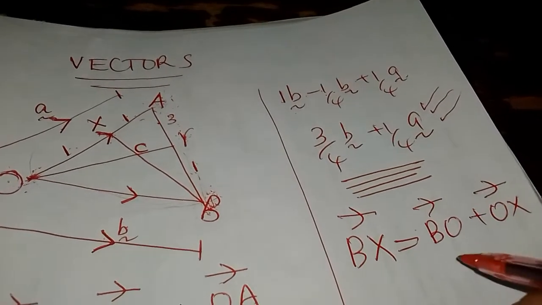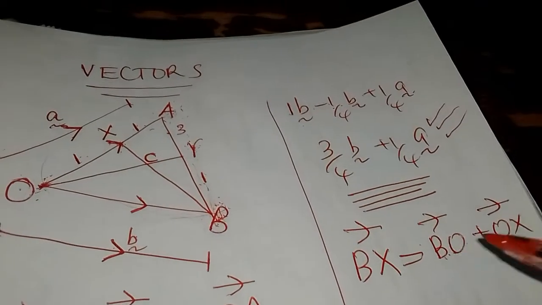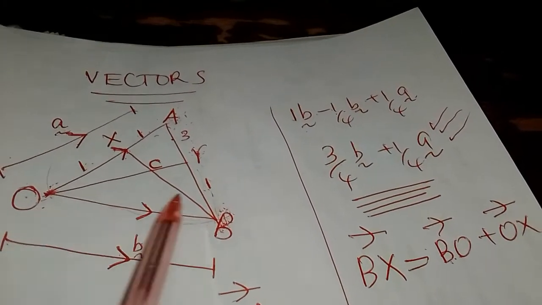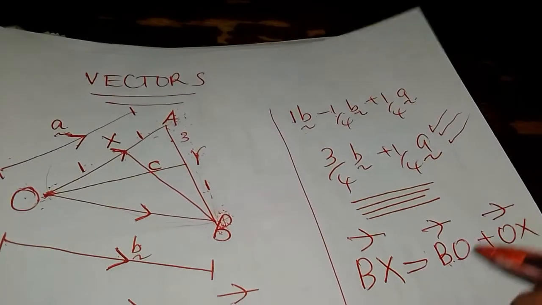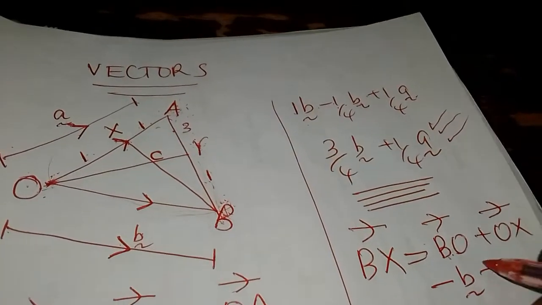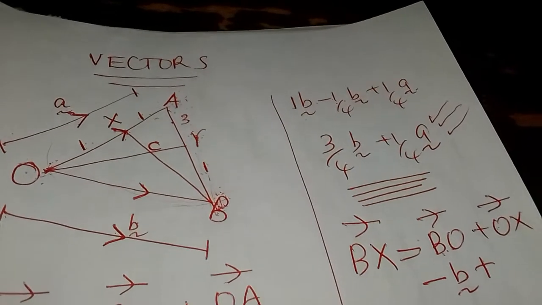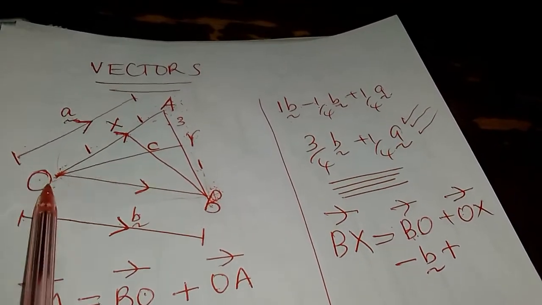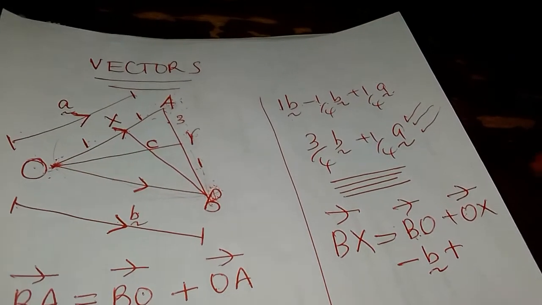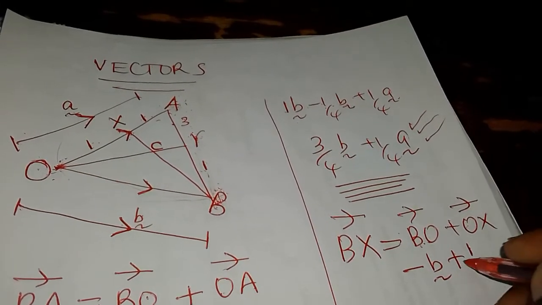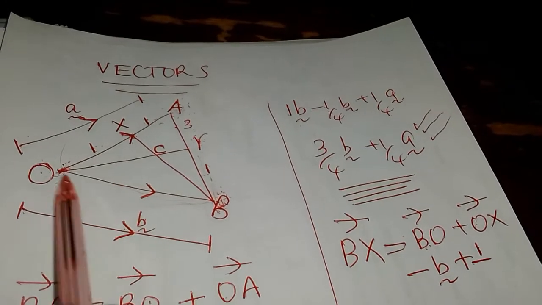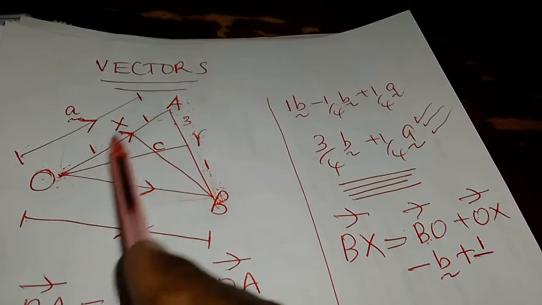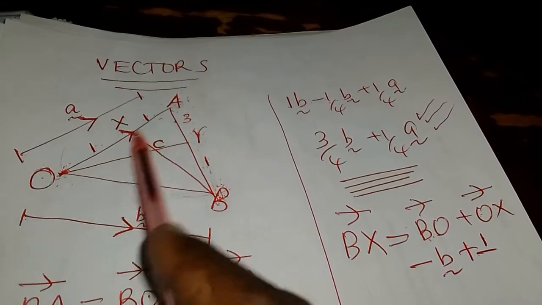You're getting the point? So what is BO? I'm going against the arrow, so that becomes negative. So I'll say negative B vector plus OX. What is OX? Looking at that, OX has a number 1 over the whole of OA, which is 1 plus 1, because OX is a fraction of the whole.